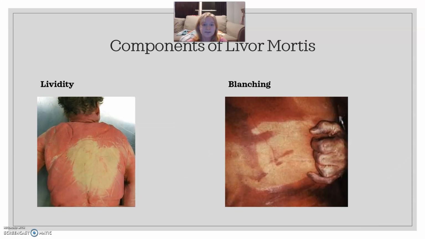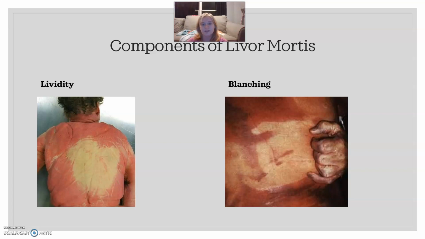And then the components of livor mortis, lividity is going to be that cherry red coloring that you can kind of see on that first example. And that's just where the blood is settled, and it's just making that super red, kind of like when you hold your finger for too long and clamp off the blood and it starts to turn red. And then blanching. I thought the picture I included was a pretty good example because you can see the outline of the hand where it had been resting against.